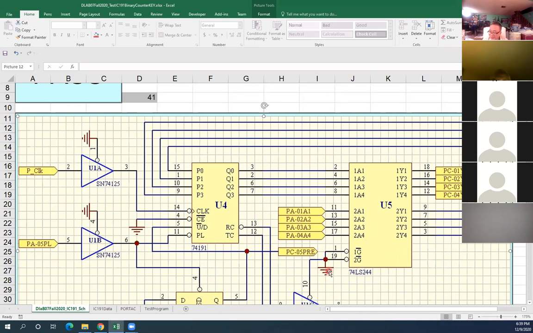Okay, must be grounded. You get that? Right. Now, if you see it's grounded, then you can replace U5. The thing is you get the right input, but you don't get the right output.